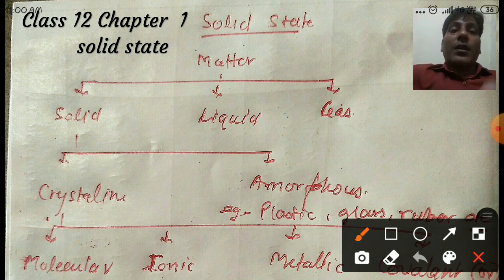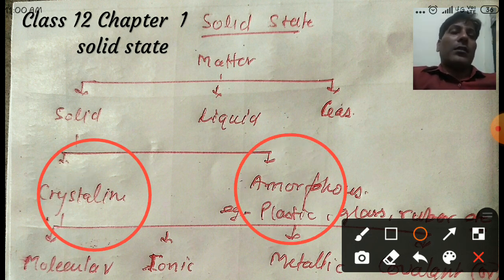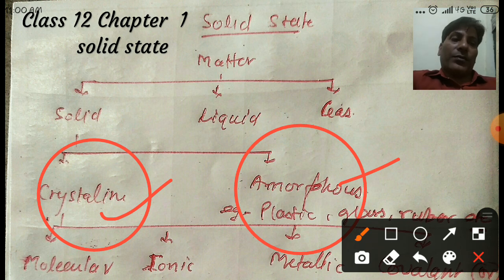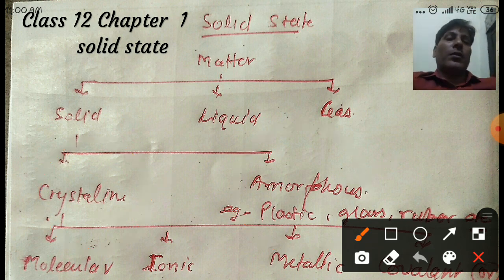And this solid can be classified into two categories: crystalline solid and amorphous solid. Now, what is a crystalline solid?